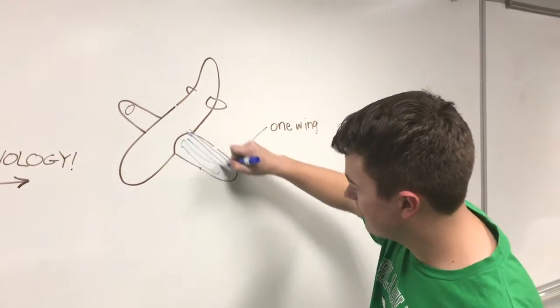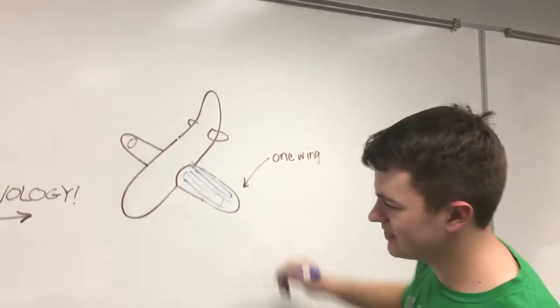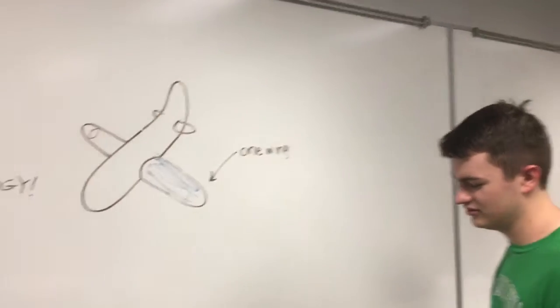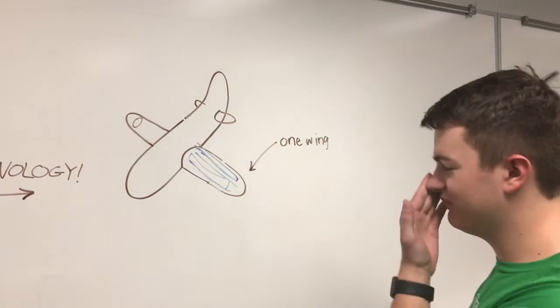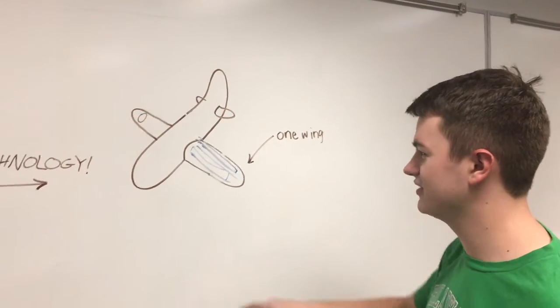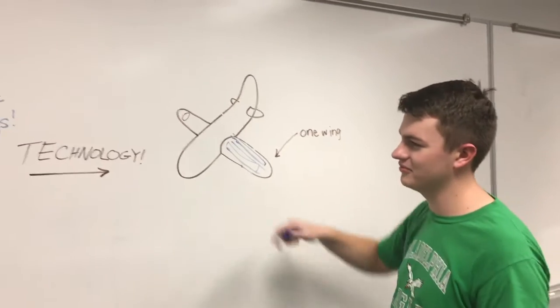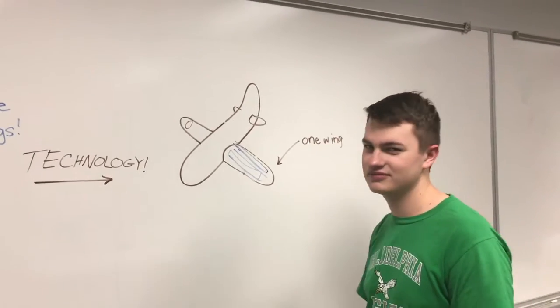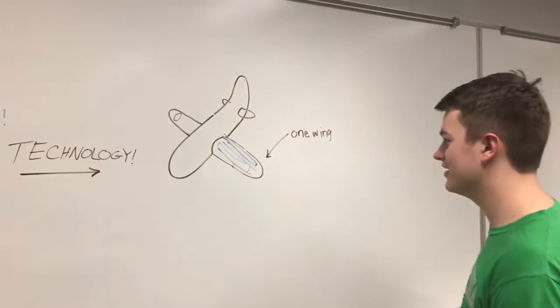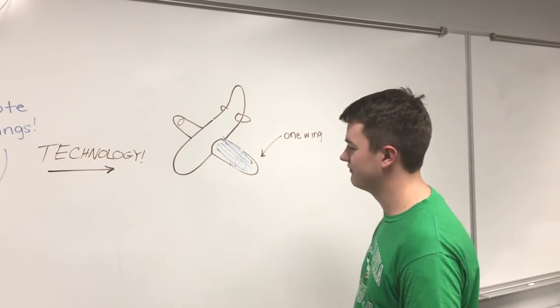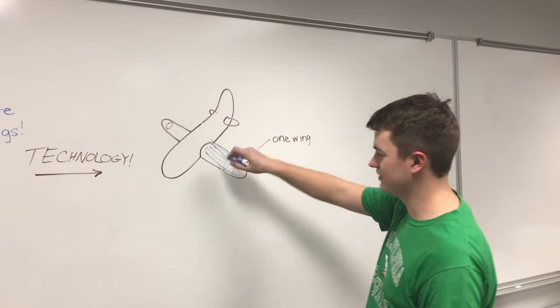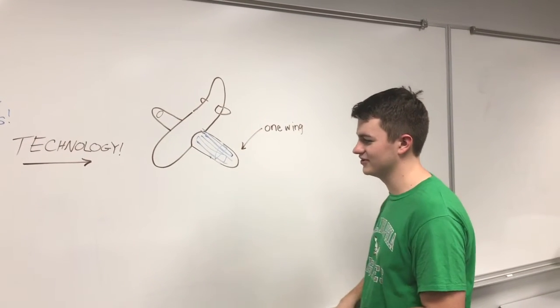Also running with it, you got stringers, which mainly show up in stressed skin, which became available once we had sheet metal on the wings instead of fabric. Also, you got the ribs, which are like vertical stiffeners, and the stringers are longitudinal.